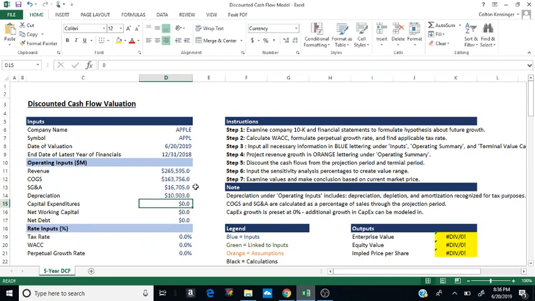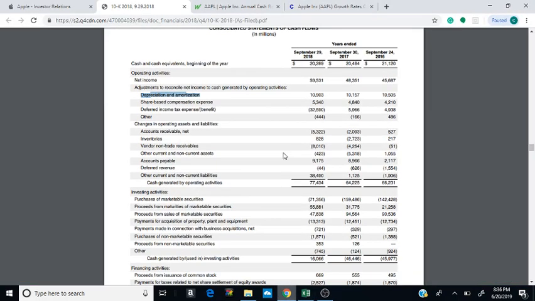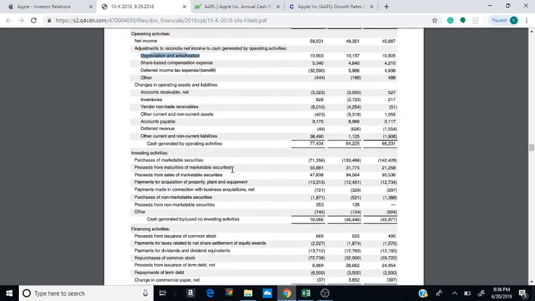And then we also have our Capex, our capital expenditures, which should have also been on this page. Let me check. Okay, actually, it's kind of misleading a little bit. Our Capex is basically property, plant, and equipment.